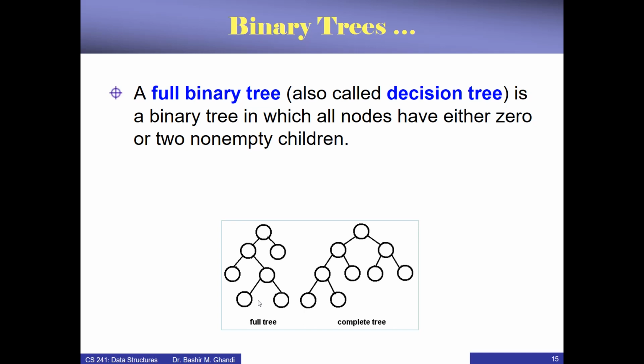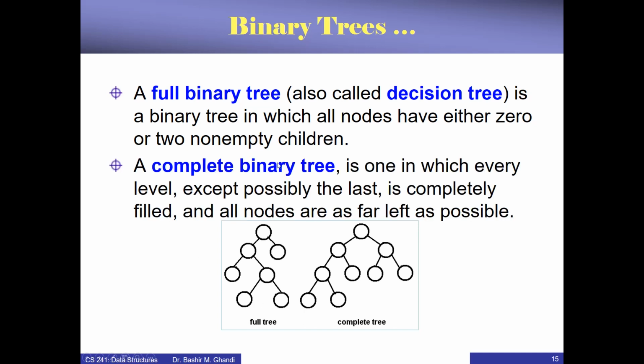The second type of binary tree that we are defining here is called a complete binary tree. The 2 English words seem to be the same, isn't it? Full and complete. But technically, they are different in terms of trees. Let's see what complete binary tree means. A complete binary tree is one in which every level, except possibly the last, is completely filled, and all nodes are as far left as possible.